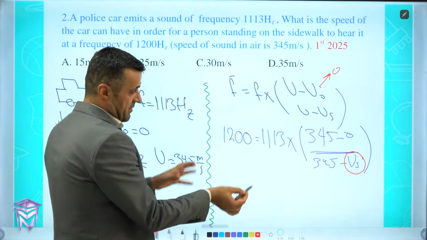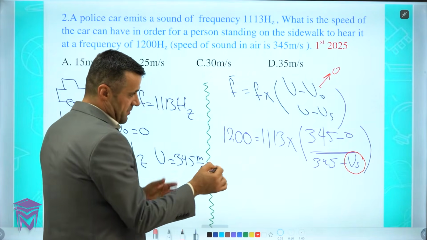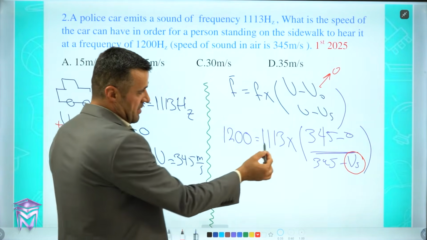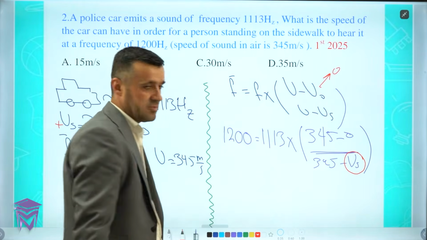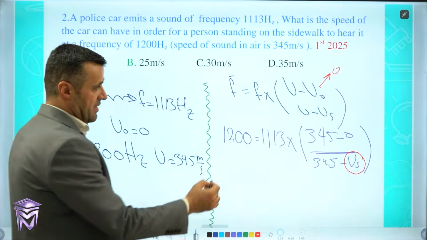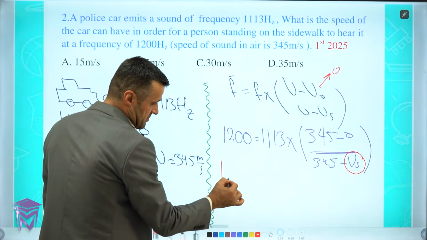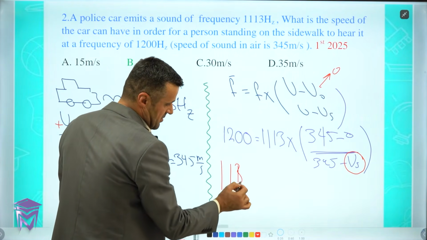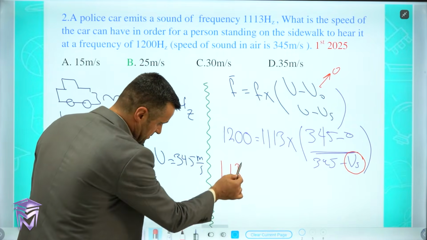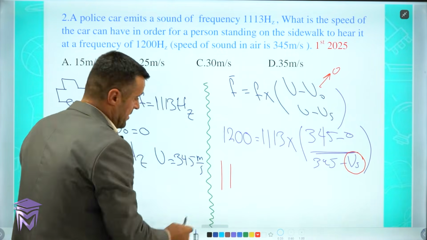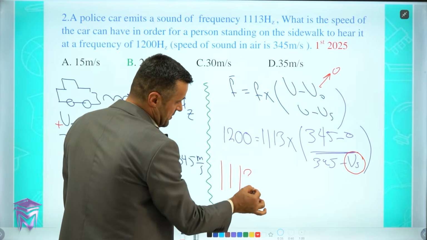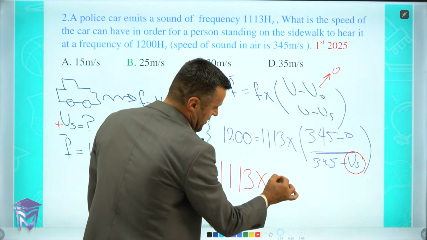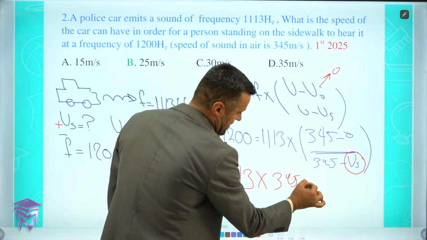By cross multiplication, 1130 times 345 equals 1200 times (345 minus Vs).